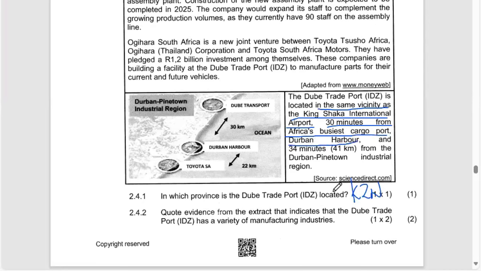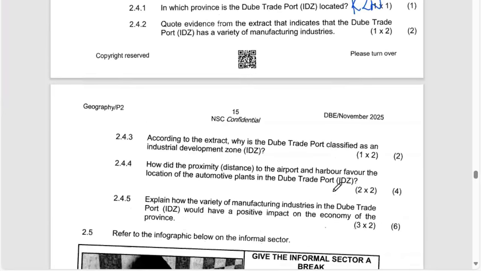So we are seeing the justification there. It's located within the surrounding of the King Shaka International Airport, and it's just a 30 minutes drive away from the busiest cargo port, the Durban Harbour. So for that reason, we can safely conclude that the Dube Trade Port is an IDZ.